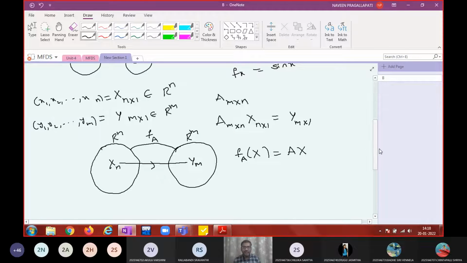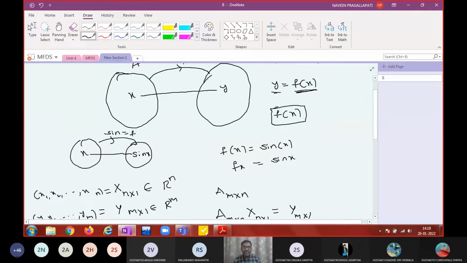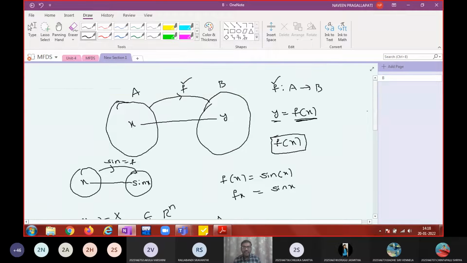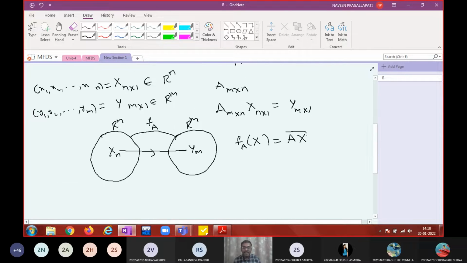But as discussed earlier, most of the time we identify the image with the function. So you can see this as a function like fx, or you can identify f A with A. We don't see much difference, and interchangeably use the matrix and the function.